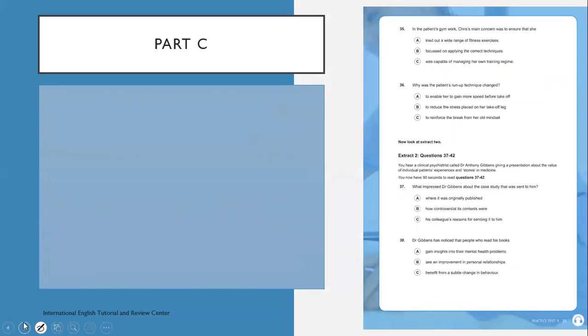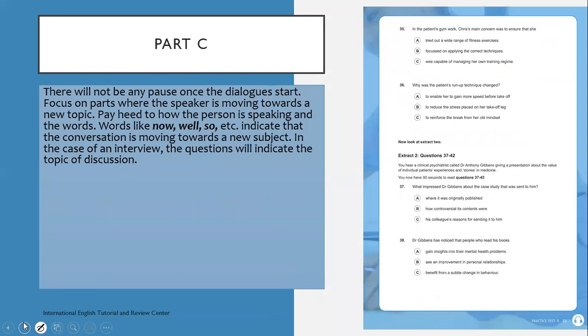And there will be no pauses once the dialogue starts, so focus on parts where the speaker is moving towards a new topic. Pay heed to words like, and now, well, so. That means the speaker would move to the next conversation or to a new subject.